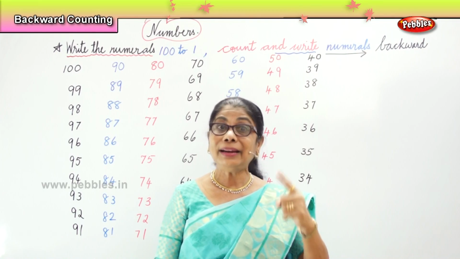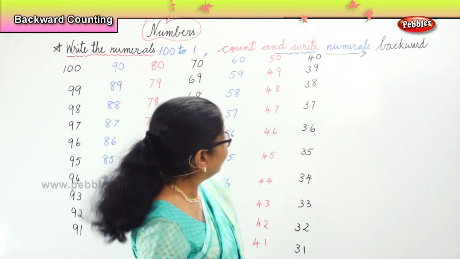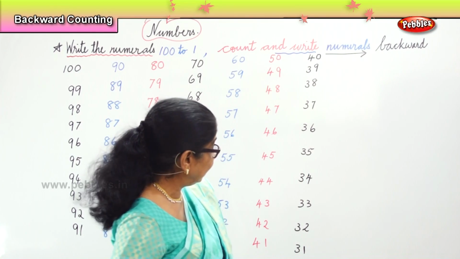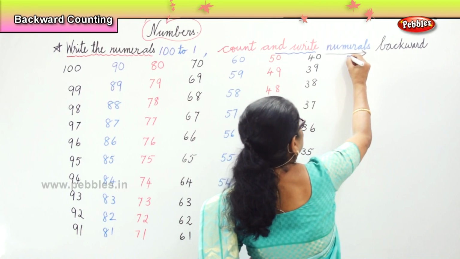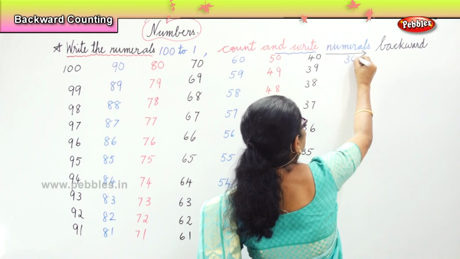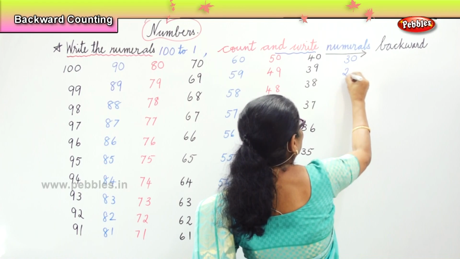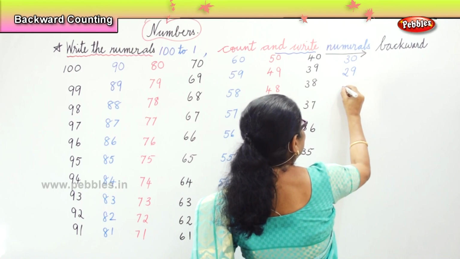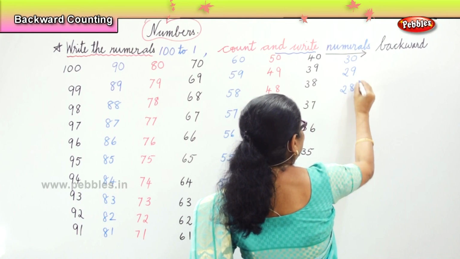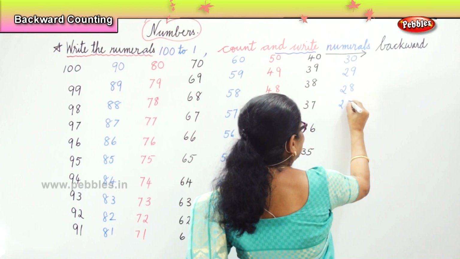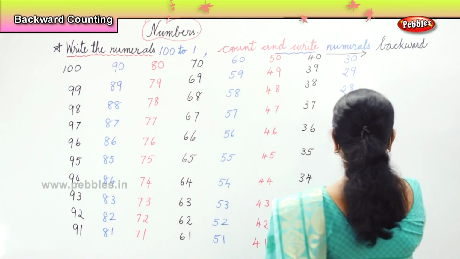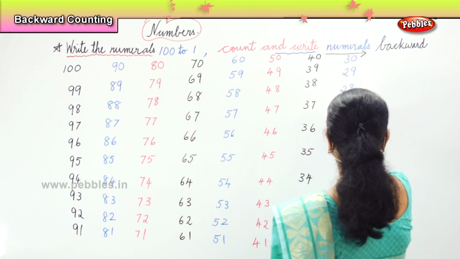What is the next number? Next numeral? 30. You get 30. One less? 29. One less? 28. One less? 27. One less? 26.